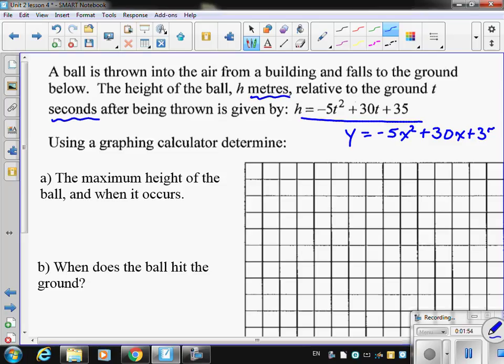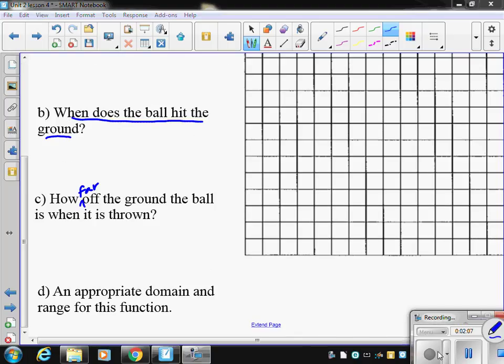And we're going to glean some key pieces of information. We're going to look for the maximum height and when the ball hits the ground, how far off the ground the ball was when it was thrown, and an appropriate domain and range.